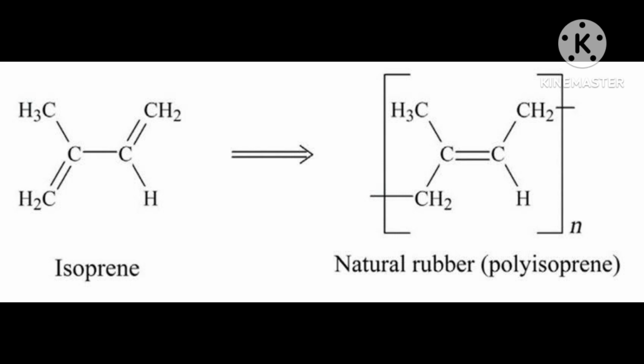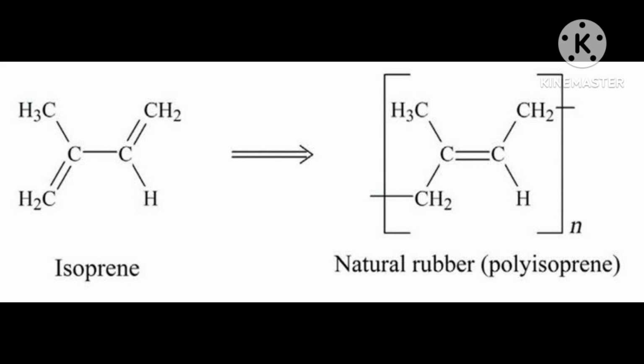Now how the reaction will take place: I told you that in butadiene the third and fourth carbon double bond will break. One bond will break, one bond will remain. Then both carbon third and carbon fourth will have one electron. Correct? And the first and second also have a double bond, and one bond will break.